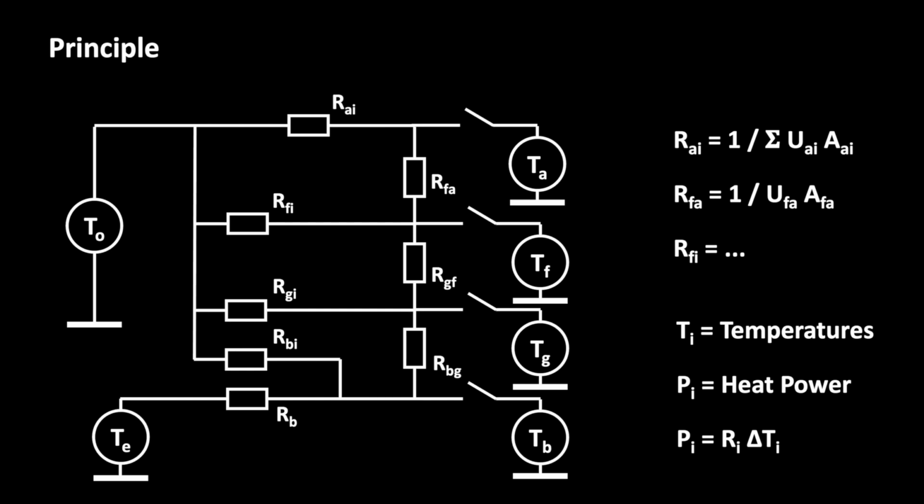An open switch actually has an infinitely large thermal resistance. However, we cannot use infinitely large values for numerical computations. Our trick is that we use a very large value instead.